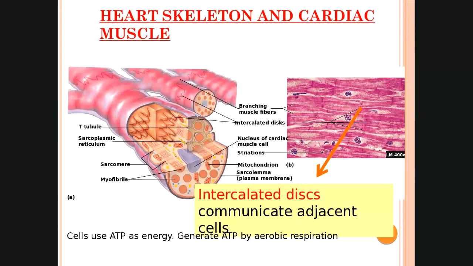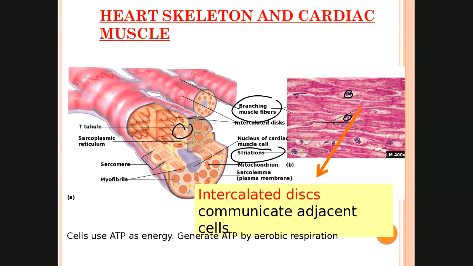The next picture is depicting cardiac muscle. If you remember, cardiac muscle was made of branching muscle fibers with a single nucleus in the middle. This was a striated muscle, meaning that there are sarcomeres creating traction. You can see the sarcomere right there.